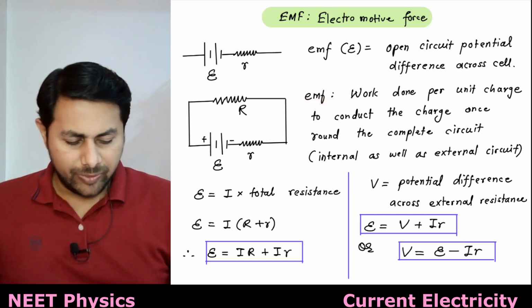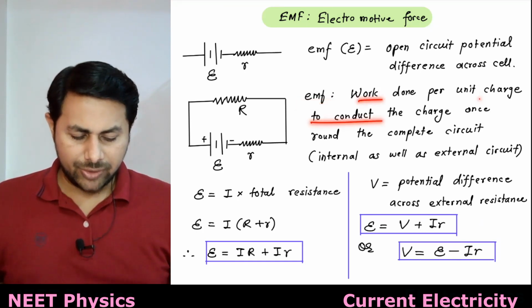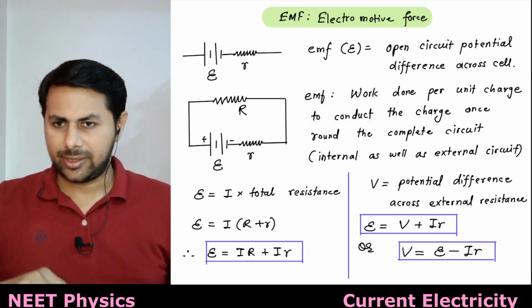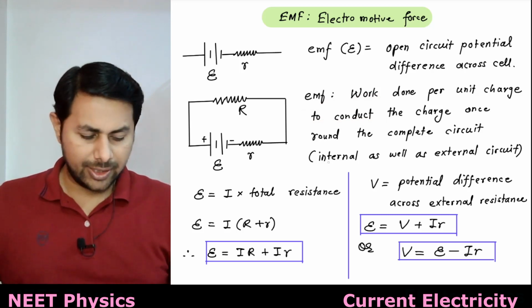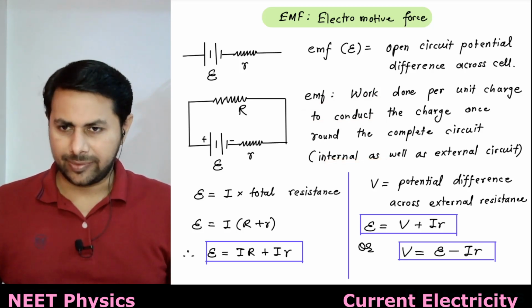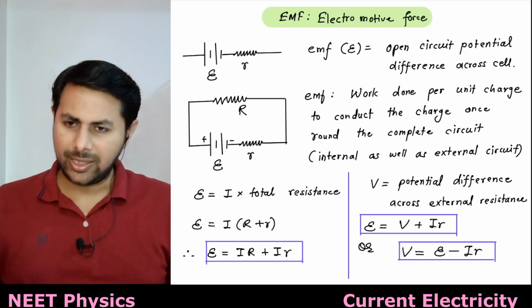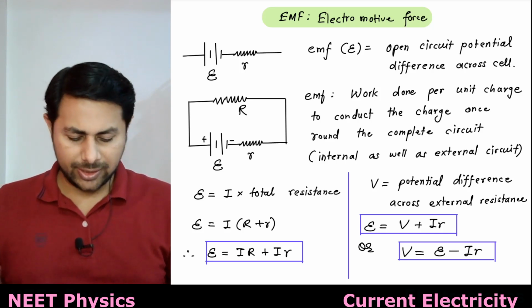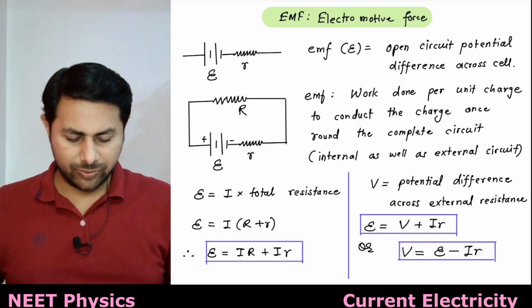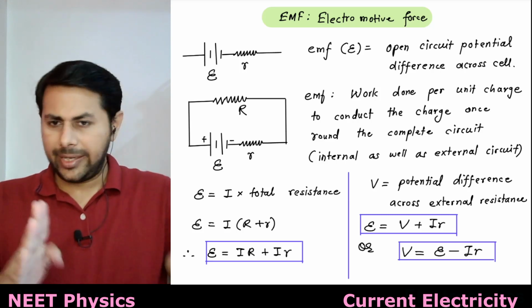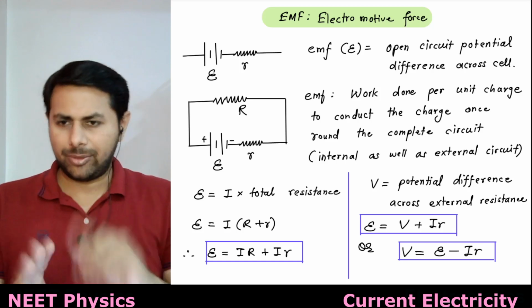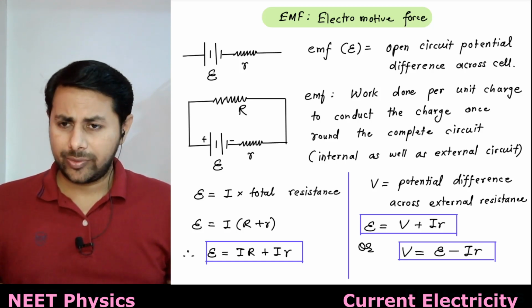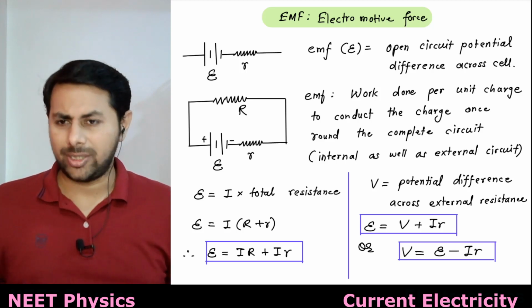EMF is the work done per unit charge to conduct the charge once round the complete circuit. Complete circuit means internal circuit as well as external circuit. So potential difference is the work done per unit charge to move the charge once round only the external circuit from positive to negative terminal. That's why it is called potential difference or terminal potential difference.